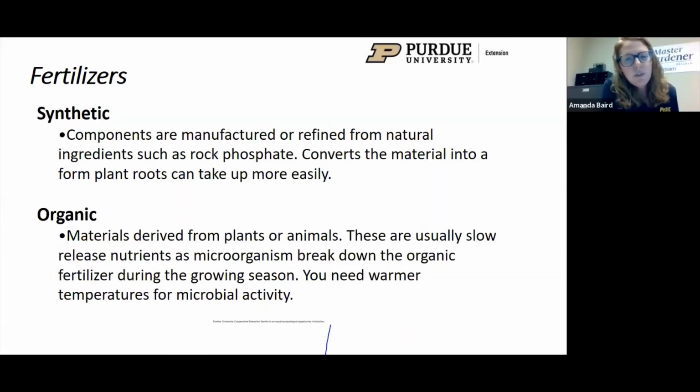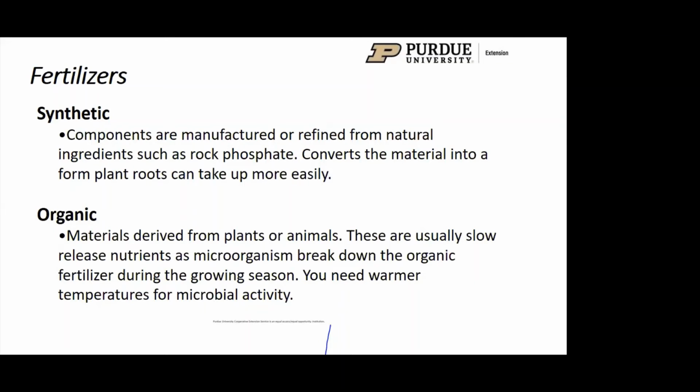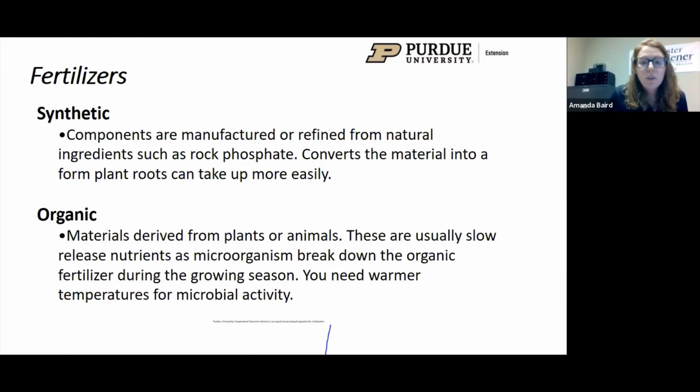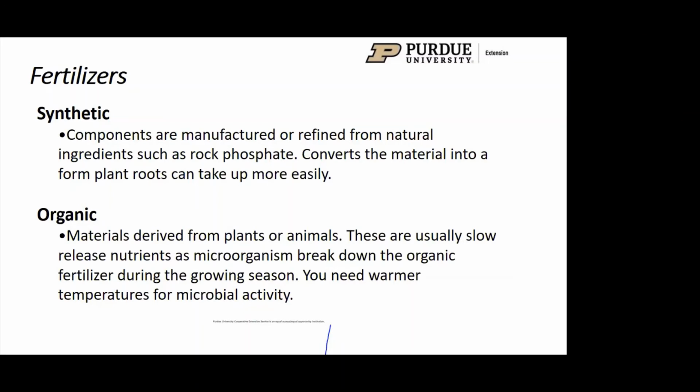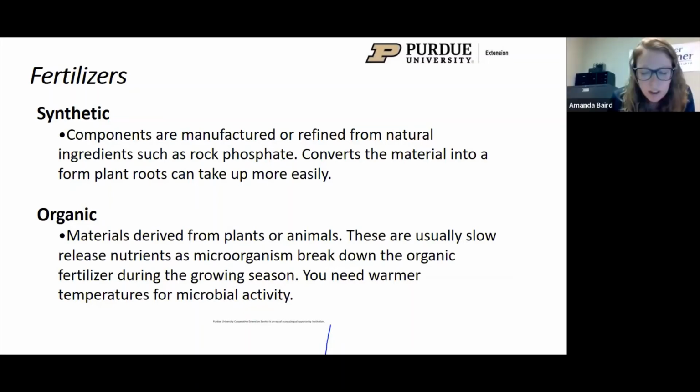So we have to have those microorganisms in the soil to help us break down that fertilizer so then a plant can actually use it. Now, synthetic fertilizers, in most cases, have been manufactured to be a material that the plant is already able to uptake. You'll notice with a lot of the organic fertilizers as well, if you go to any store and purchase one, they have lower percentages of nutrients in them.